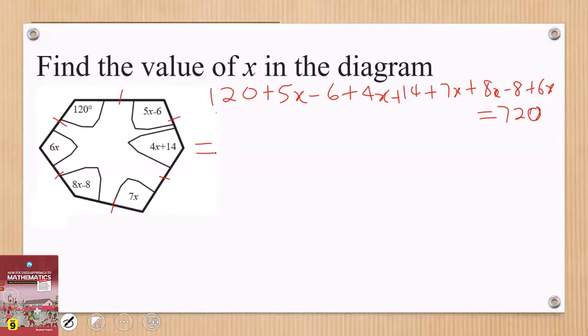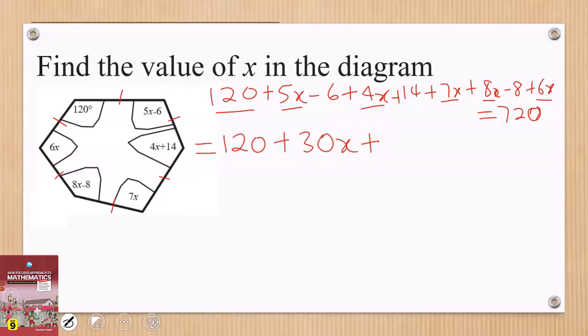Let's keep the 120, plus now we have 5x plus 4x making 9x, plus 7x making 16x, plus 8x making 24x, plus 6x making 30x.